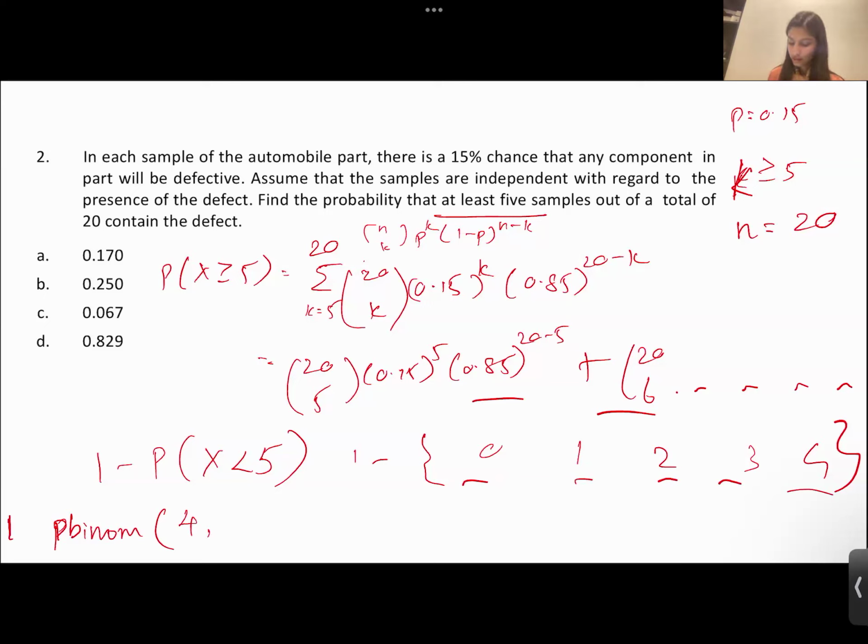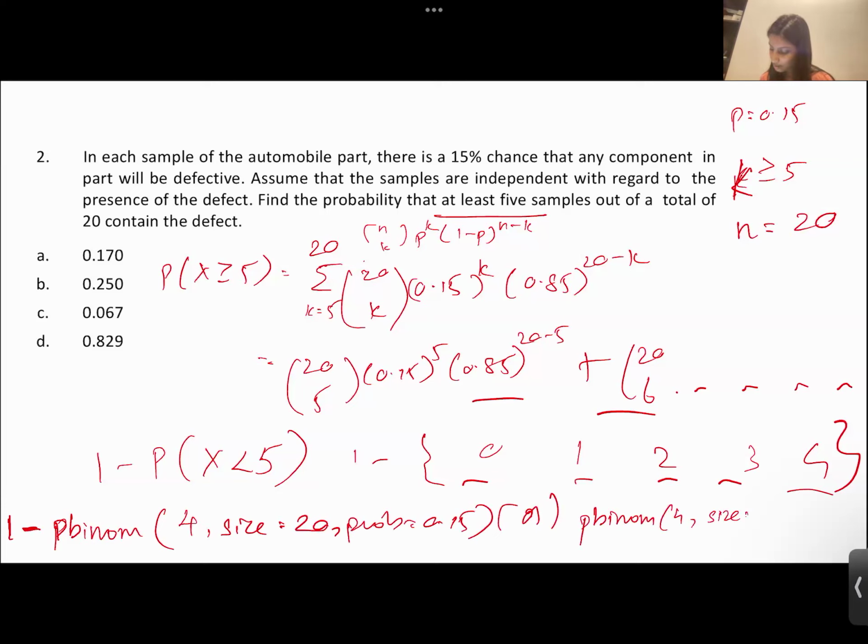So you can either do 1 minus pbinom, K is 4, size is equal to 20, probability is equal to 0.15. Or you can do pbinom 4, size is equal to 20, probability is equal to 0.15, lower tail is equal to false.